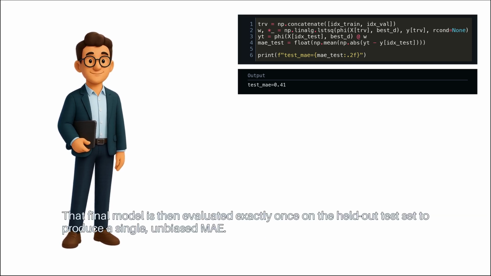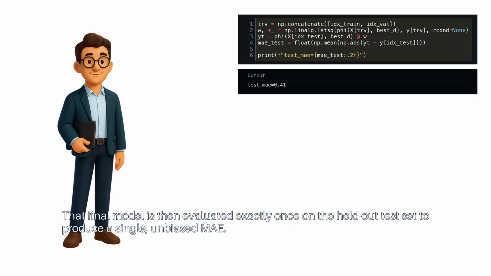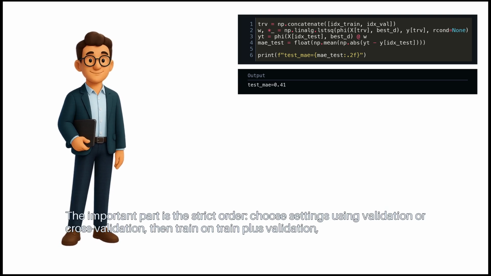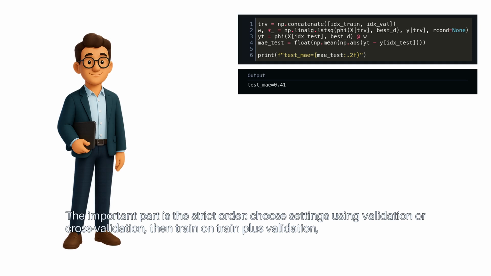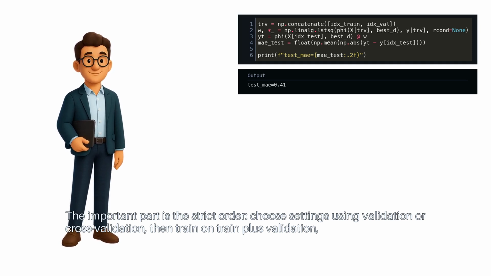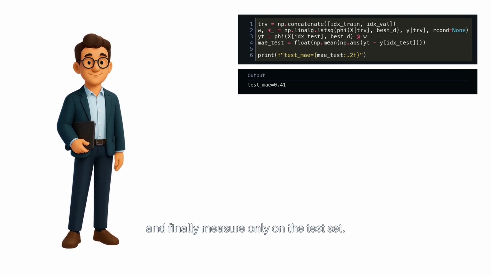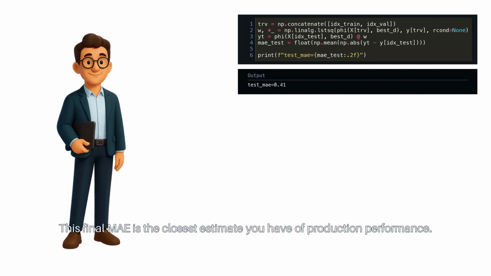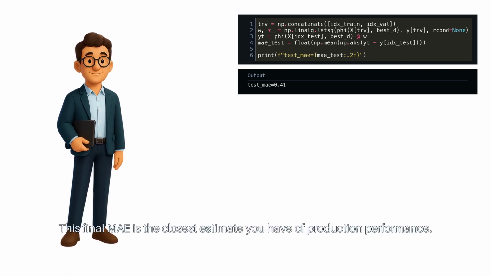That final model is then evaluated exactly once on the held-out test set to produce a single unbiased MAE. The important part is the strict order. Choose settings using validation or cross-validation, then train on train plus validation, and finally, measure only on the test set. This final MAE is the closest estimate you have of production performance.